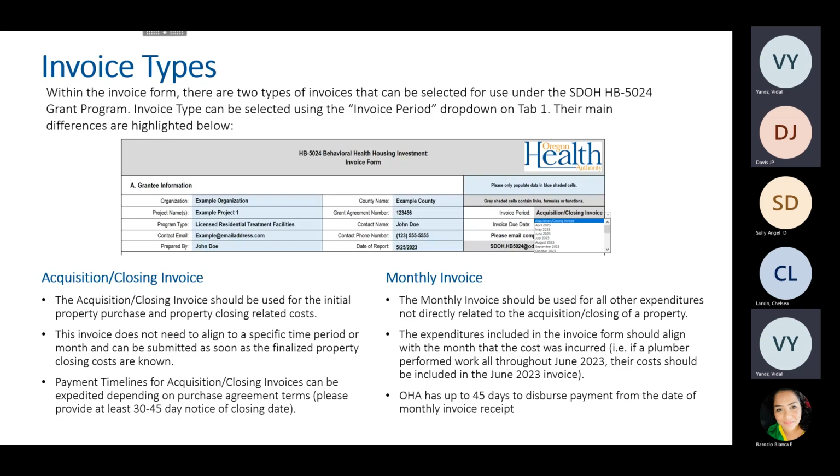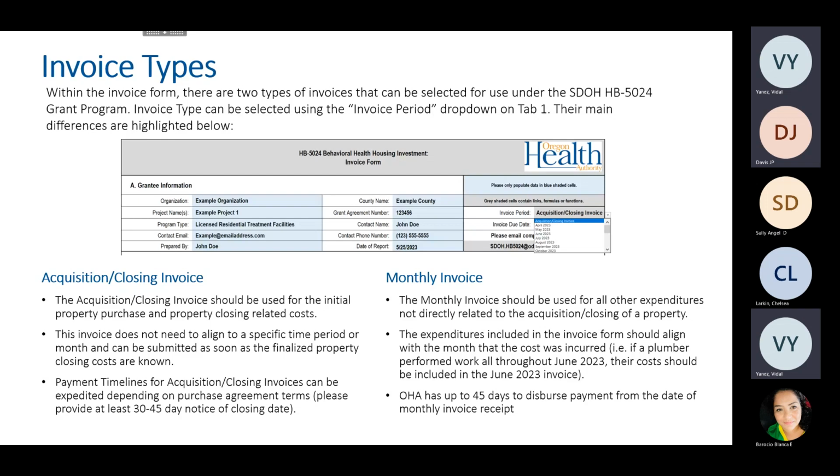Now, this would be the recurring invoice form that the organizations will be submitting for their recurring costs, development costs, and all of the other costs outside of closing on a specific property. So these expenditures should line up with the time frame that you're invoicing for.